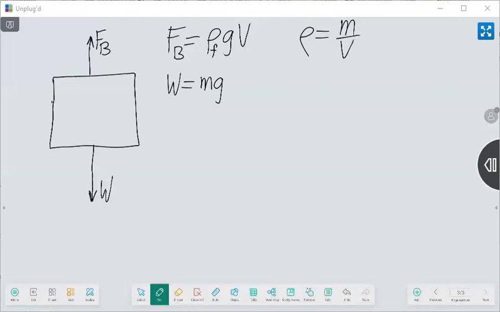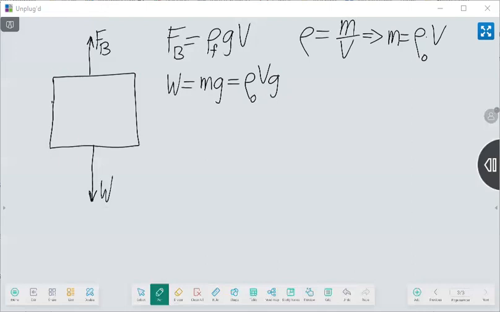So the object's mass is its density multiplied by its volume. So this is the density of the object. So its weight is the object's density multiplied by its volume multiplied by G.